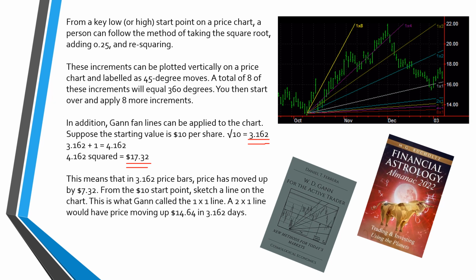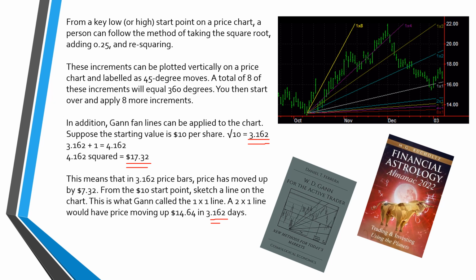I can now draw a line on the chart. So from $10, I'm going to extend my line up to the $17.32 level, but I'm going to slope that line so that I go from 10 to 17.32 in 3 price bars. Once I get that line on the chart, that is what Gann referred to as his 1-by-1 Gann fan line.